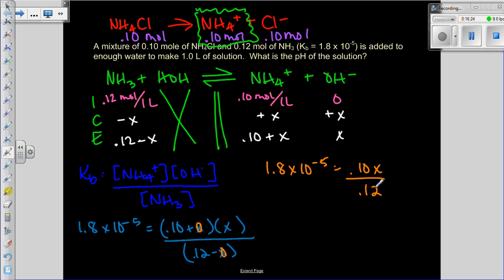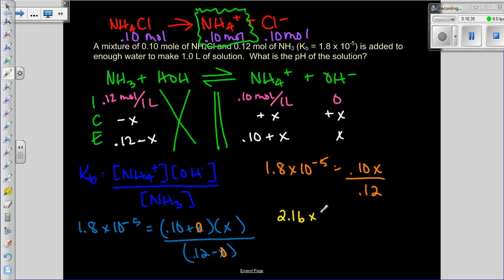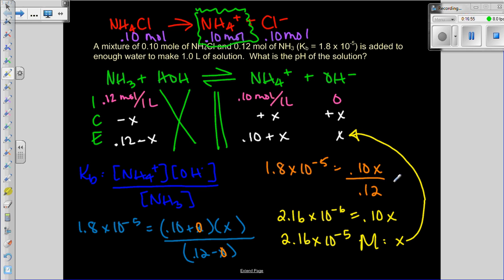So 1.8 times 10 to the negative fifth times 0.12 gives us, let's do yellow, 2.16 times 10 to the negative sixth equals 0.1x. Dividing both sides by 0.1 gives us 2.16 times 10 to the negative fifth molar is X, which is my hydroxide ion concentration.